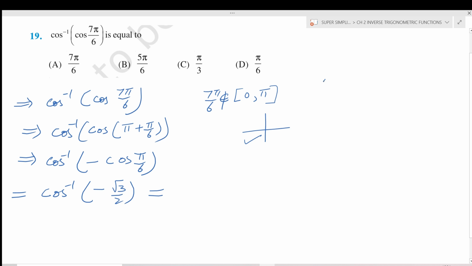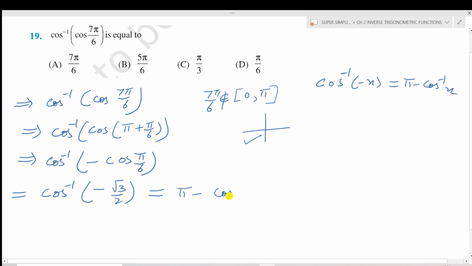Now we are going to use this result. Cos inverse of minus x is equal to pi minus cos inverse x. So according to this result, cos inverse of minus root 3 by 2 will become pi minus cos inverse root 3 by 2.